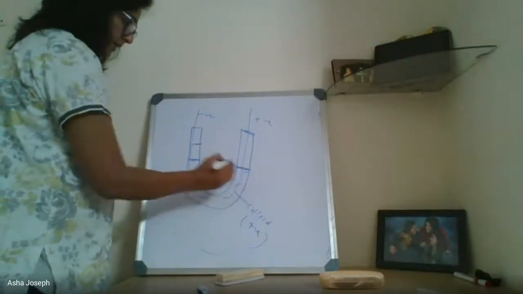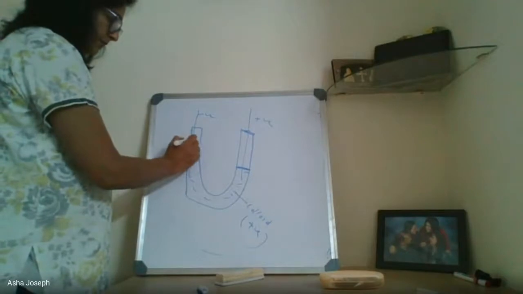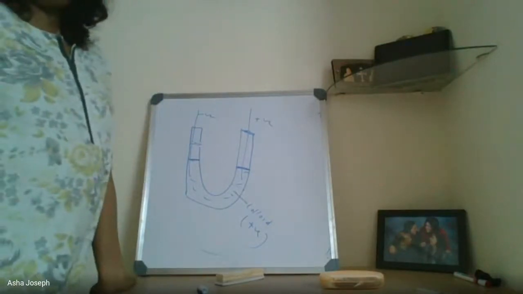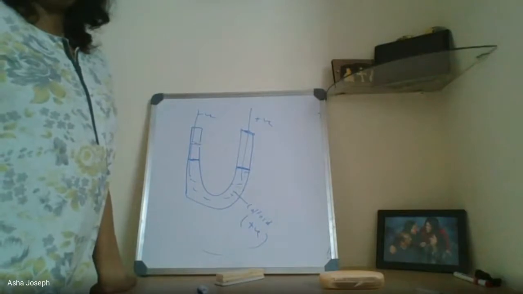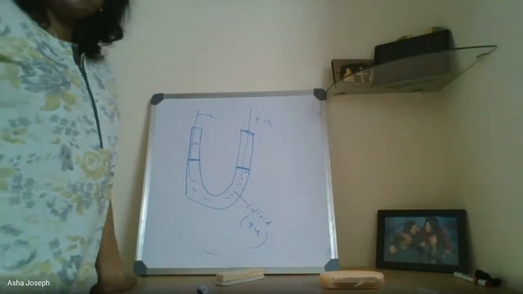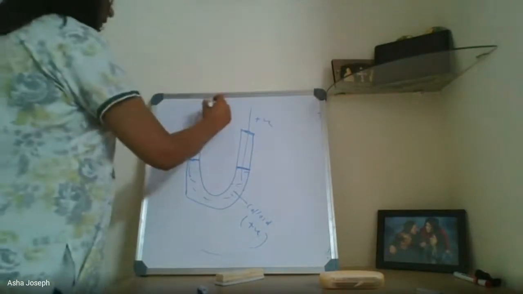Here it will be reduced. This will be the new level here and here. That means when an electric potential is applied, the colloidal particles will move towards the oppositely charged electrode. That is called electrophoresis.